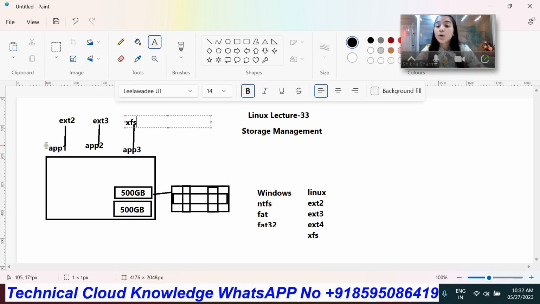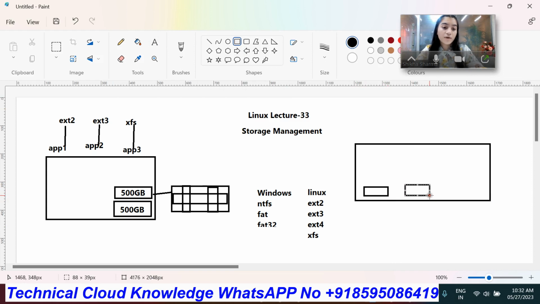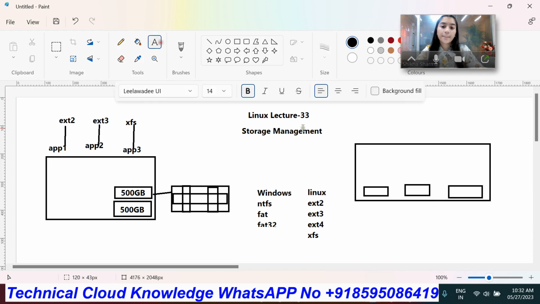Similarly, applications 1 to 3 want different file systems because of their data storage needs. So to fulfill their demands for each application, we need to create three different hard drives of about 500 GB each.